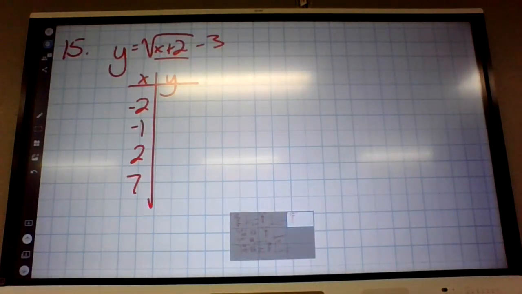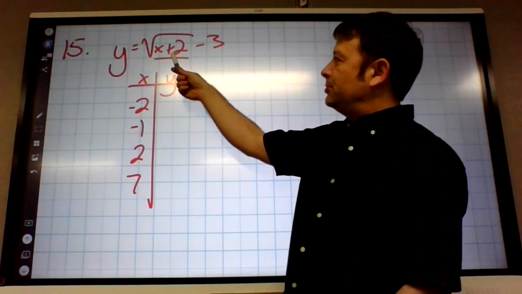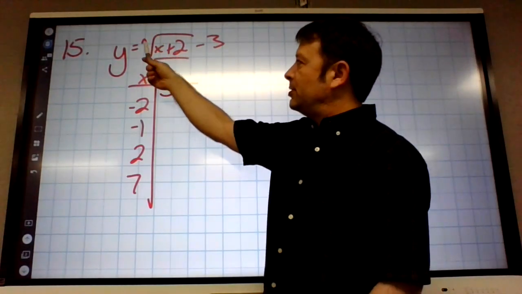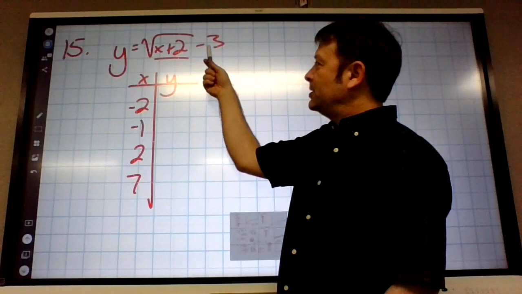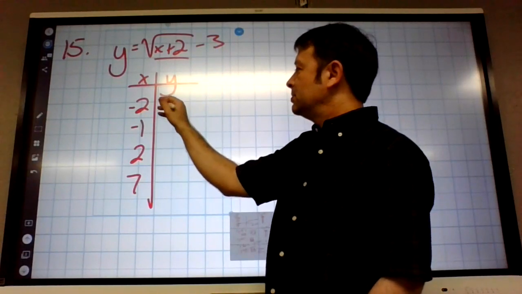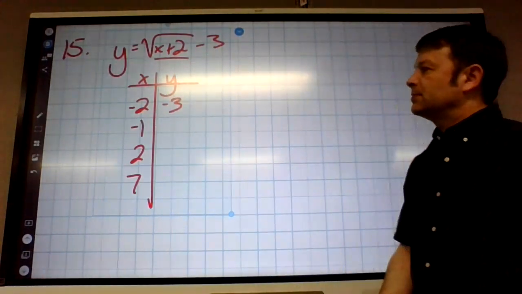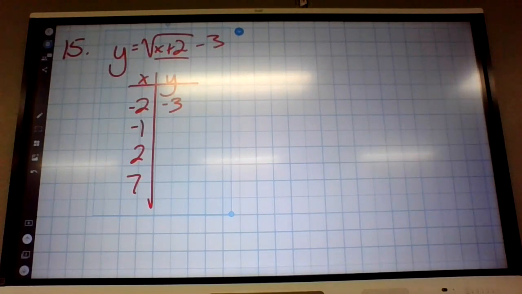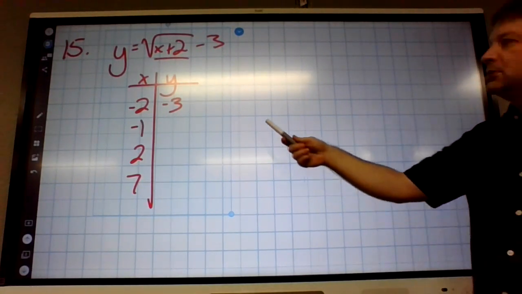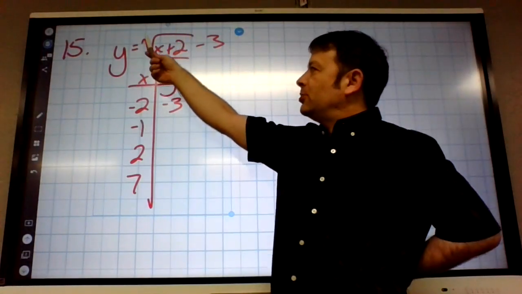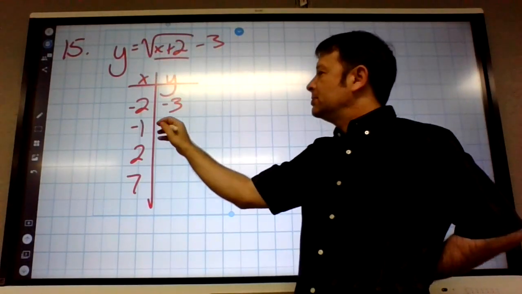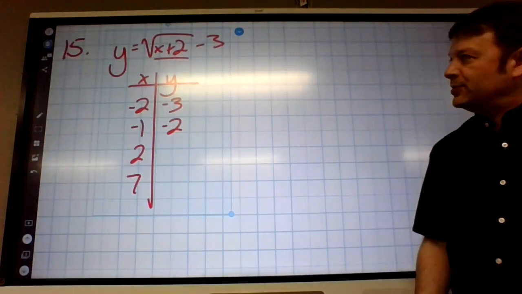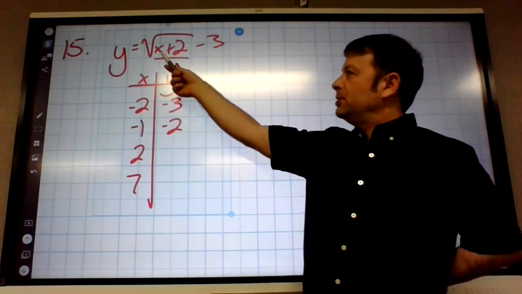I plug in negative 2, plus 2 is 0, square root of 0 is 0, minus 3 is negative 3. If I plug in negative 1, plus 2 is 1. Square root of 1 is 1, minus 3, negative 2. 2 plus 2 is 4.